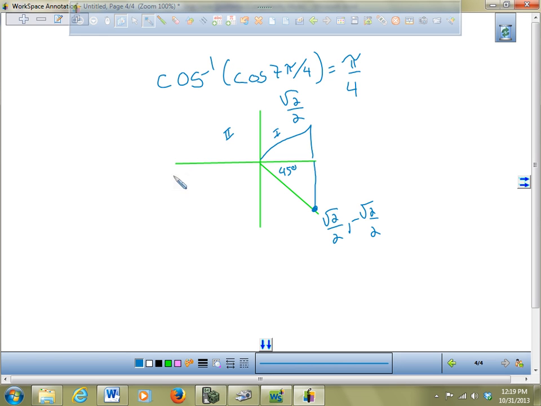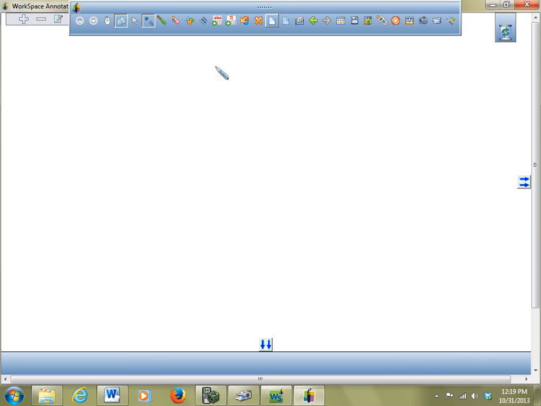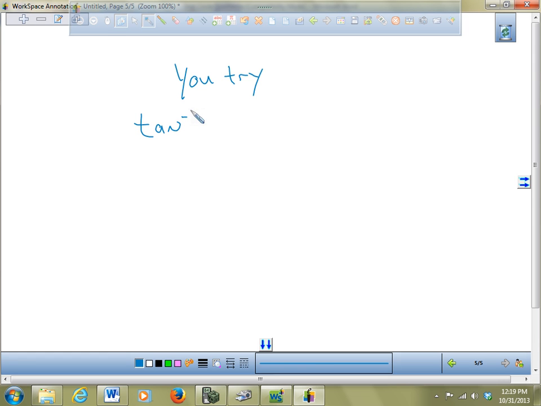Here's a you try. See if you can come up with the right answer. I'll give you a valuable participation point. Okay? You try. This is a tricky one. Inverse tangent of cosine of pi. Okay?